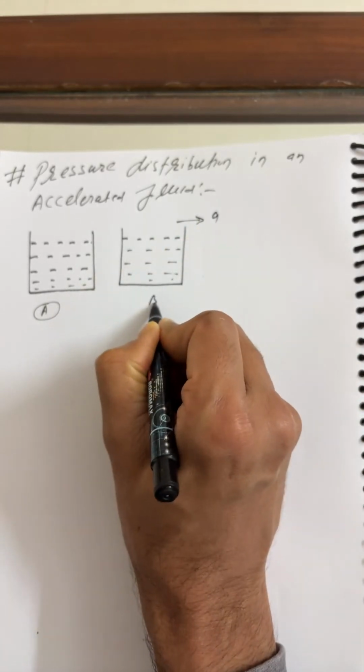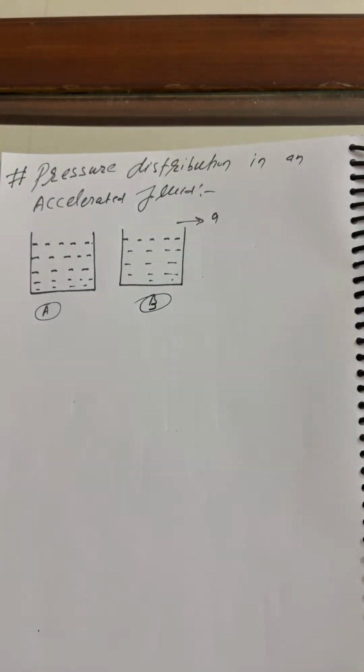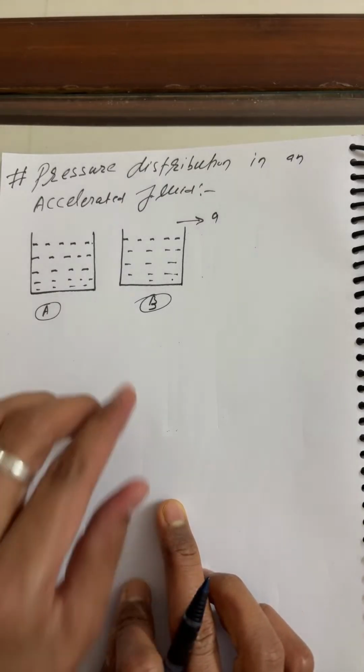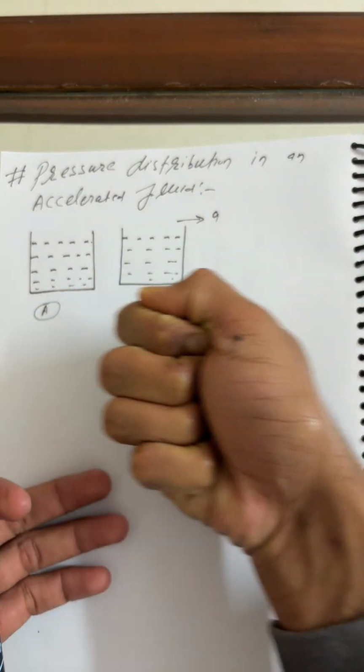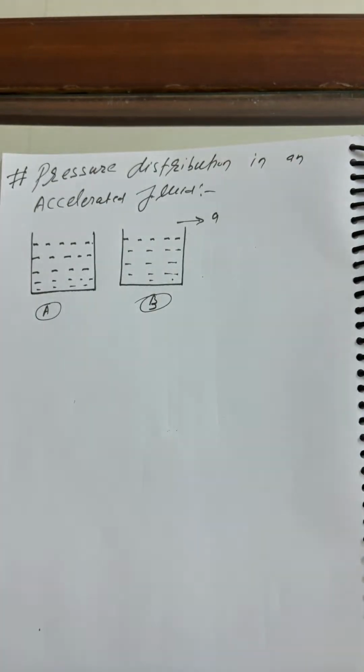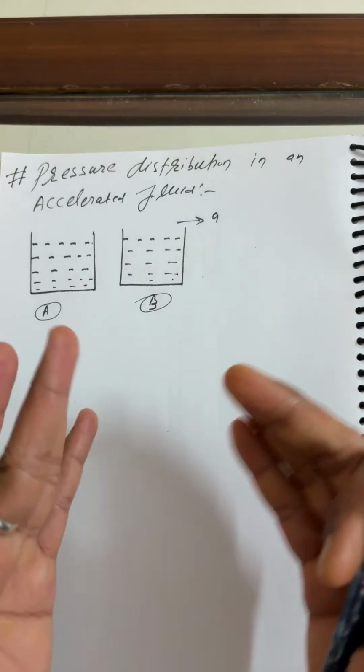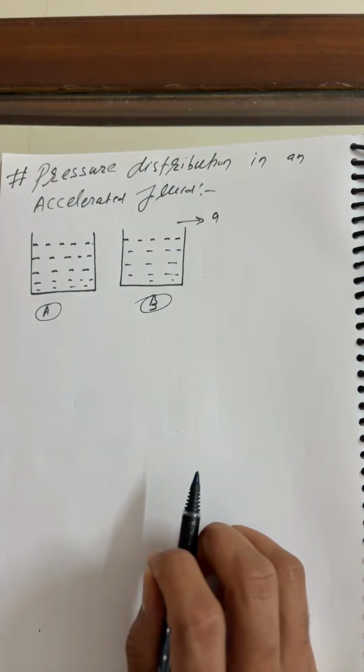In this case B, if you are dragging the container in the horizontal direction, then you can imagine a layer of fluids.